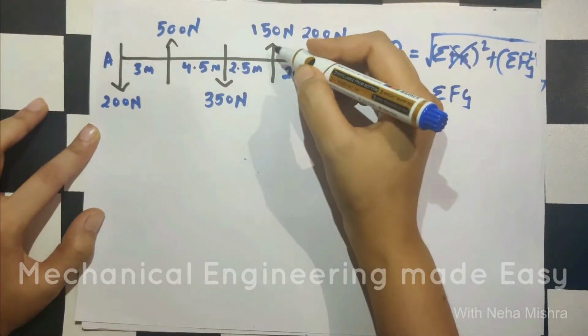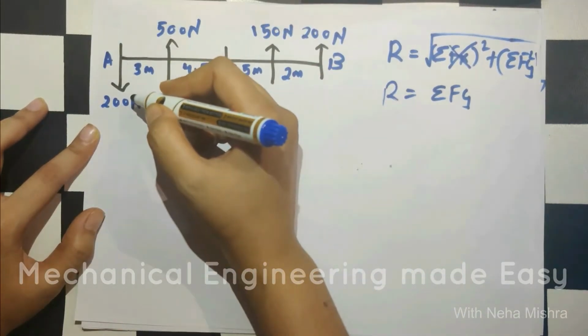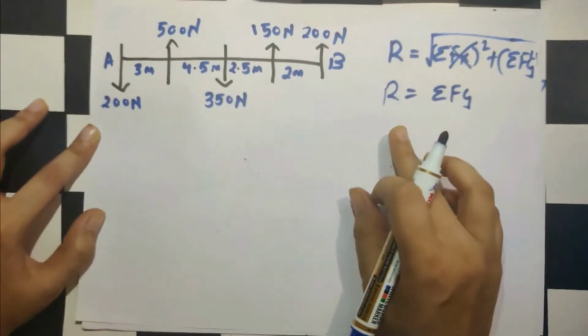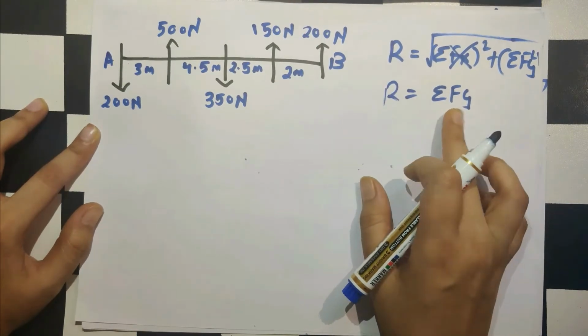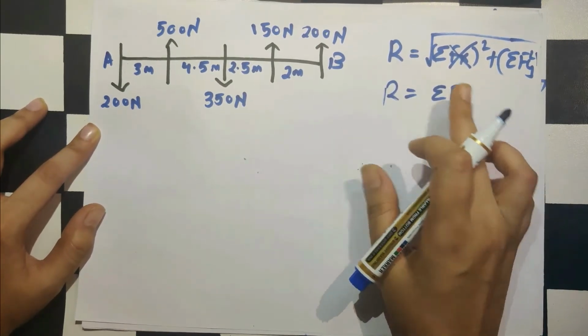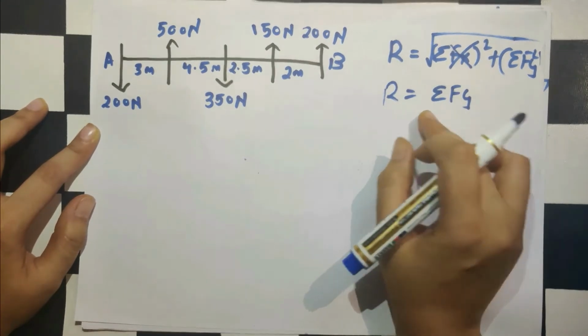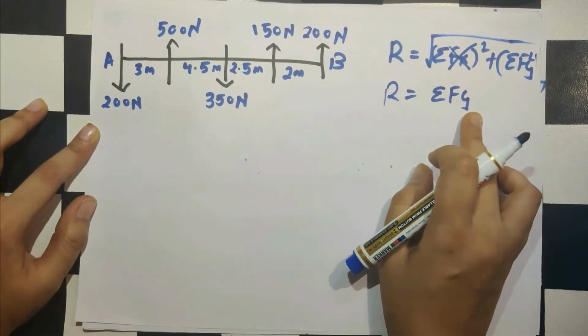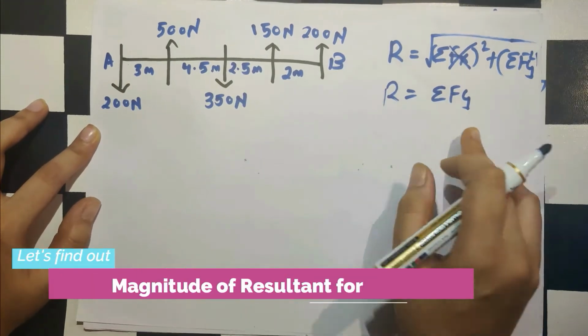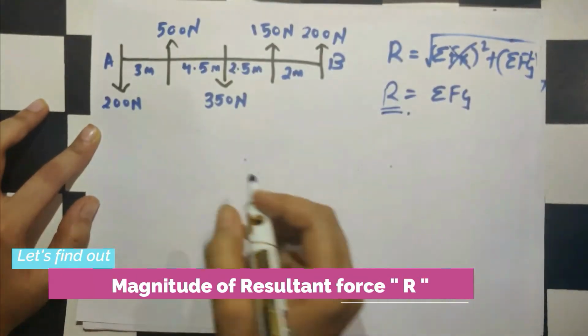Now since all our forces are in vertical direction and parallel to each other, our resultant is nothing but summation of Fy. The formula is the same. Since here we don't have Fx, R is equal to summation of Fy. So now let's find out this magnitude first.